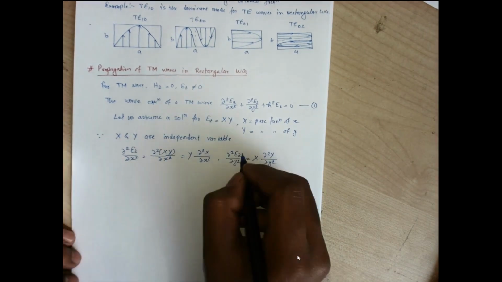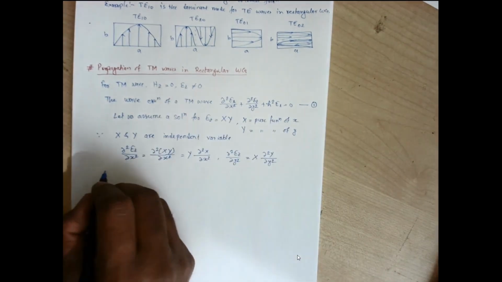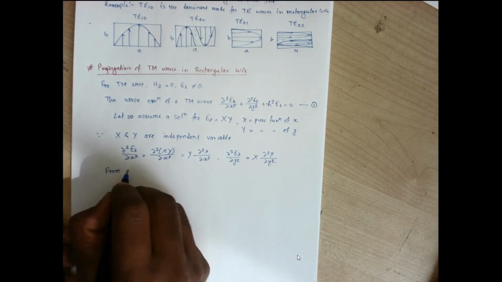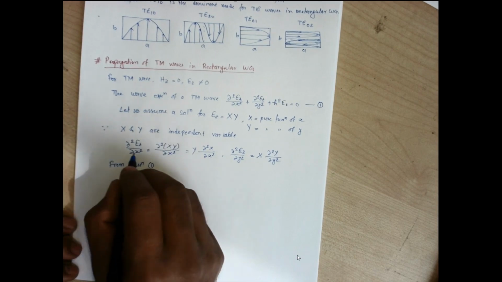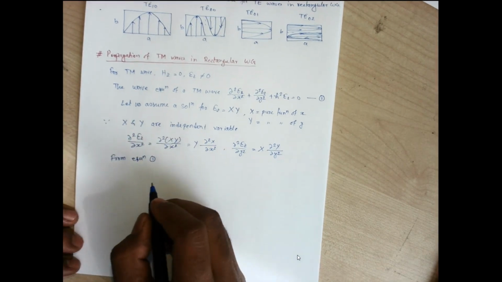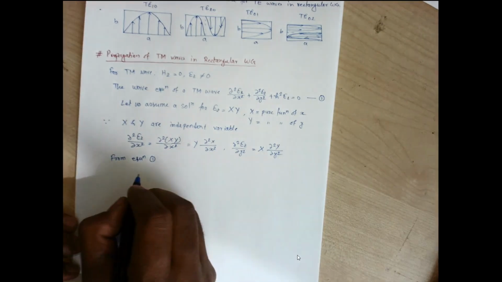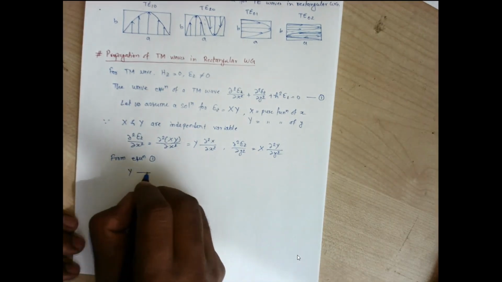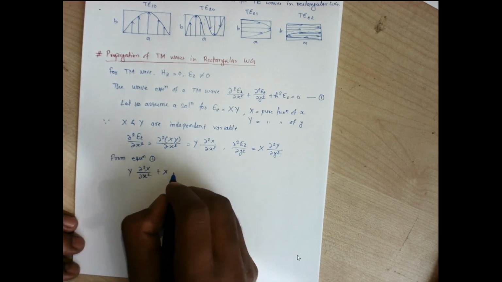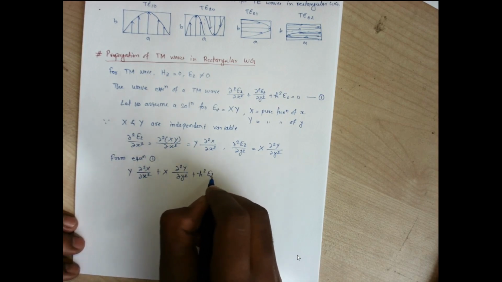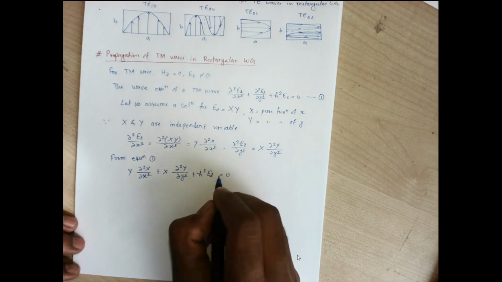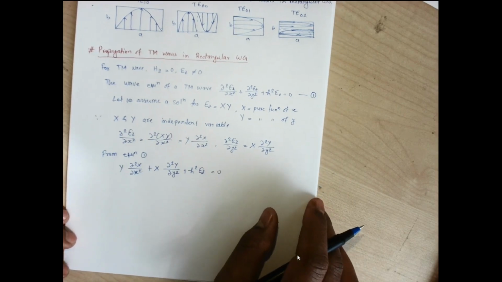So if we use these values in equation 1, from equation 1, if we put these values of del 2 Ez by del x2 and del 2 Ez by del y2, we can write Y del 2X by del x2 plus X del 2Y by del y2 plus h square Ez is equal to 0.